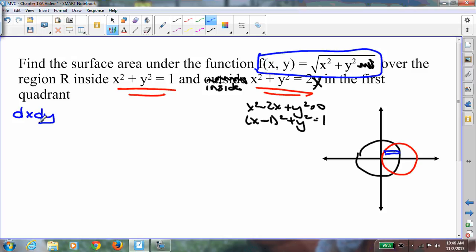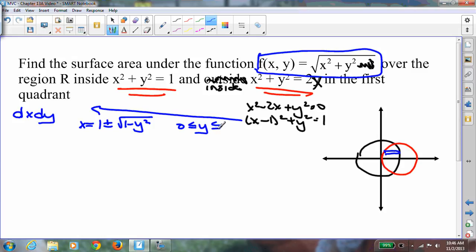So going back to my circle here, x minus 1, or x equals, let's go ahead and take it one step, 1 plus or minus the square root of 1 minus y squared. And then in the first quadrant, y is going to go from 0 to wherever they intersect.